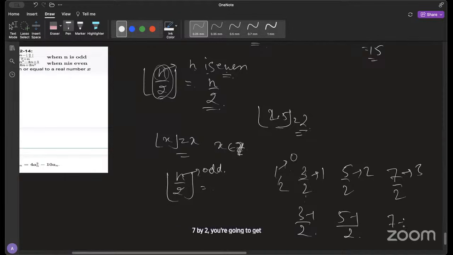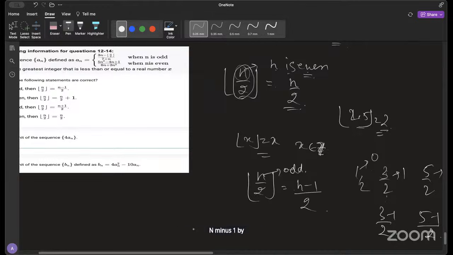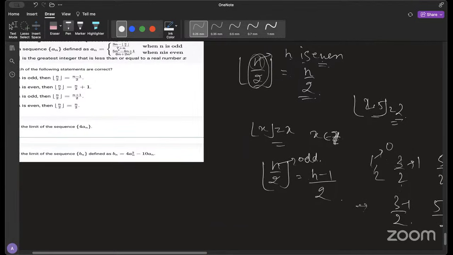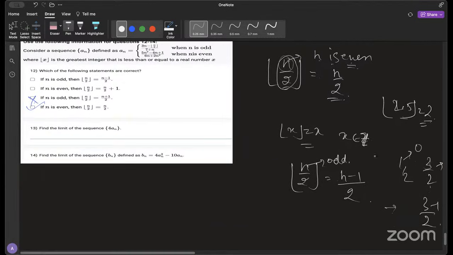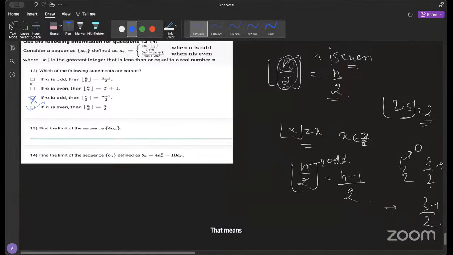So it subtracts 1 and divides by 2. That means this should be equal to n minus 1 by 2. Is this okay? That means this option should be correct and this should be incorrect. A and D are the correct options.